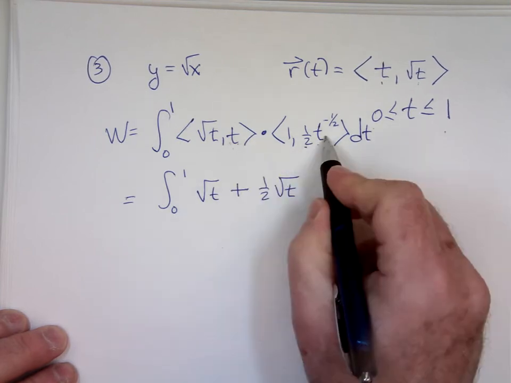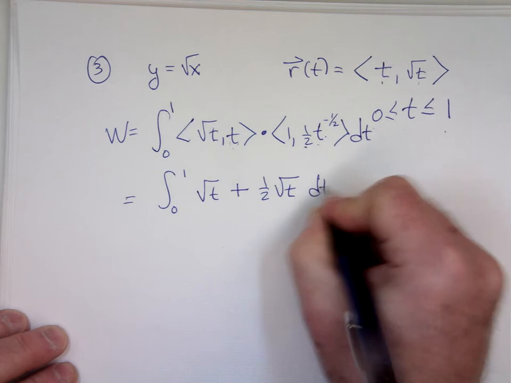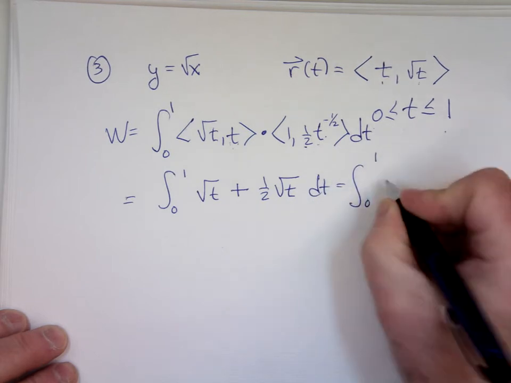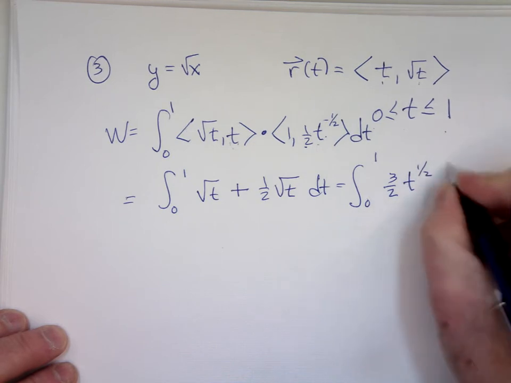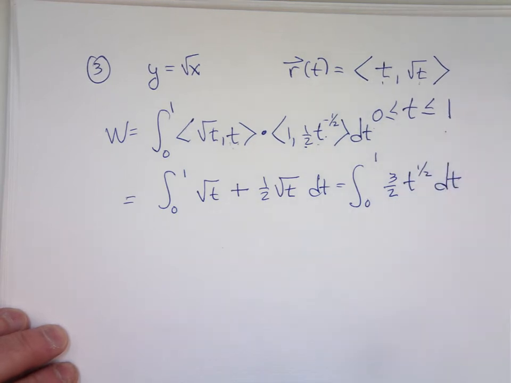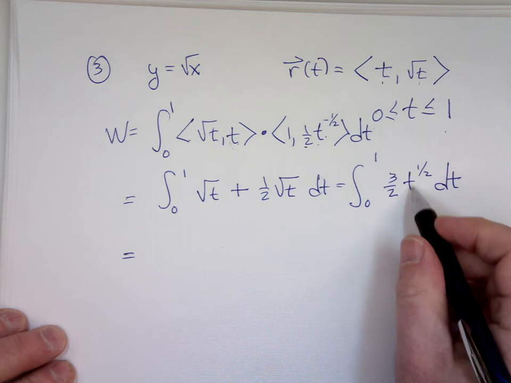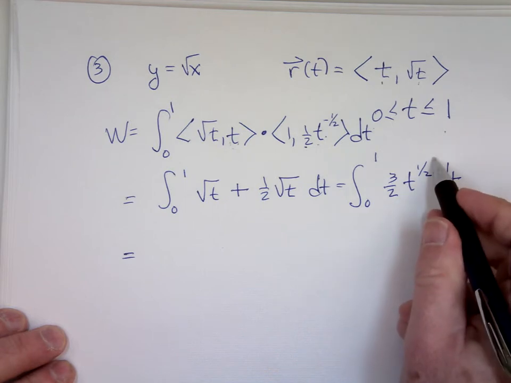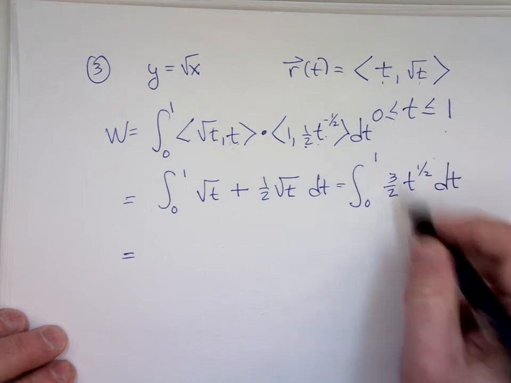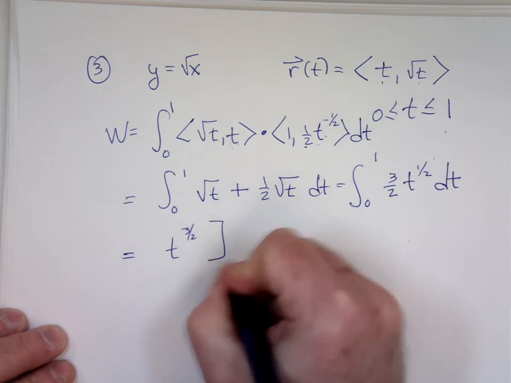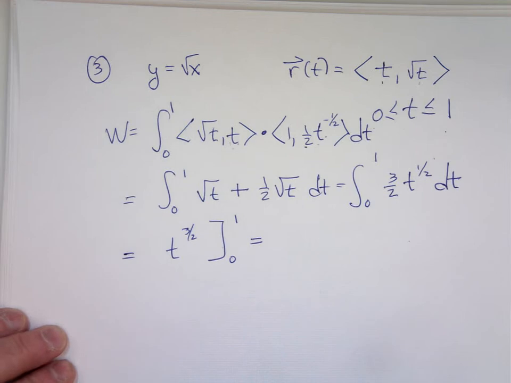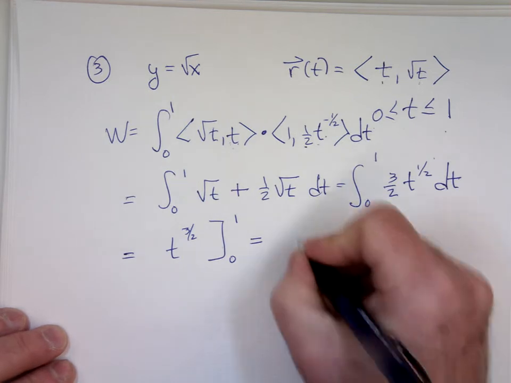So I end up with the integral from 0 to 1 of 3/2 square root of t. That equals t to the 3/2 divided by 3/2. The 3/2 will cancel. I'll get t to the 3/2 from 0 to 1, which is equal to 1 joule of work.